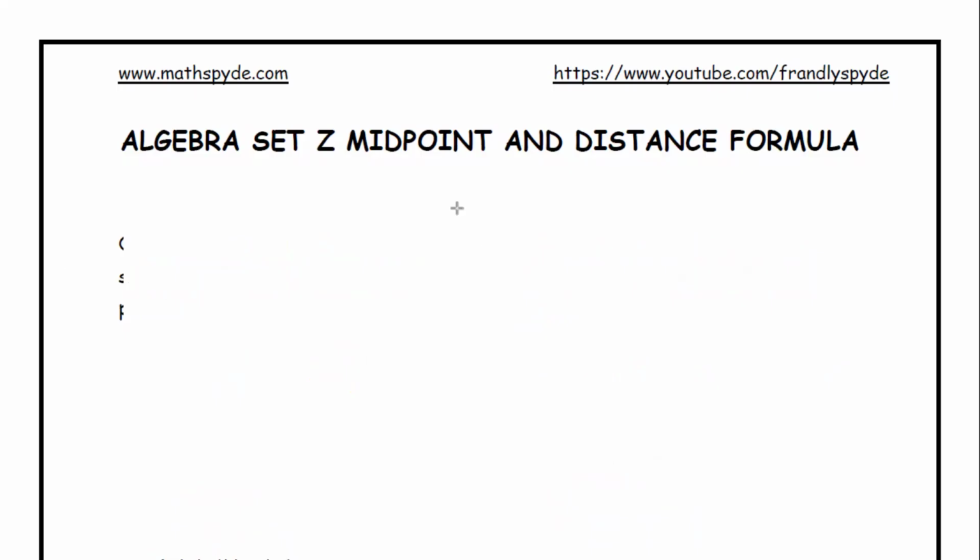Suppose you've got your y-axis here and your x-axis here, and you've got 2 points, let's say point A out here, and let's say point B out here.